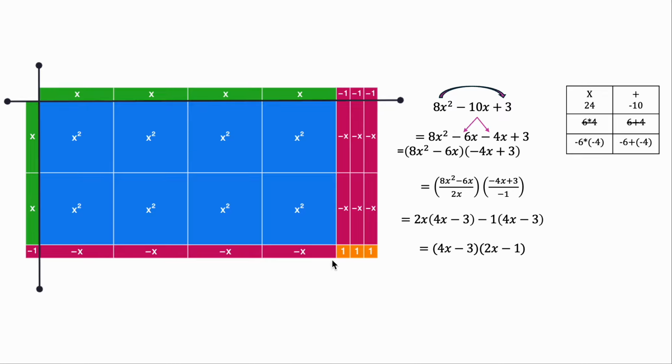Further, underneath, we've got negative 4x's that create the other split term of negative 4x, and then our positive 3. This then gives me our dimensions of 4x minus 3 on the top, and then of course 2x minus 1 on the left.